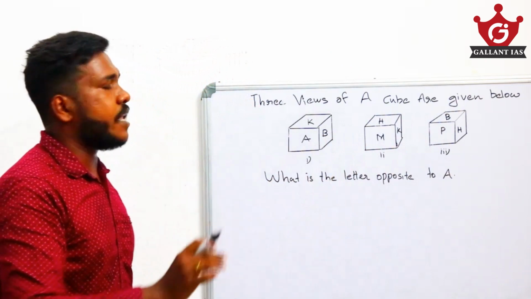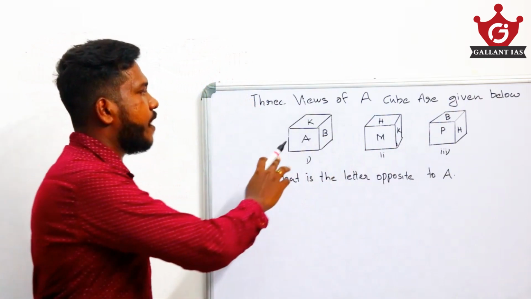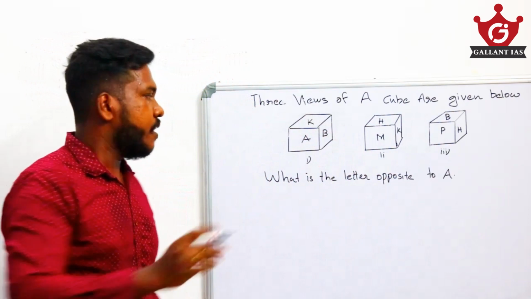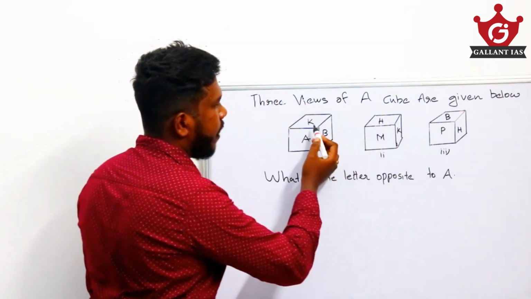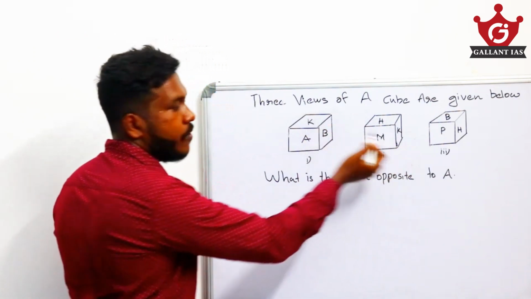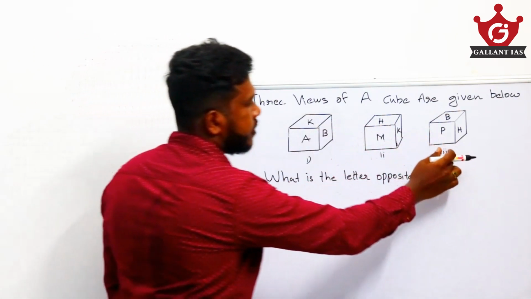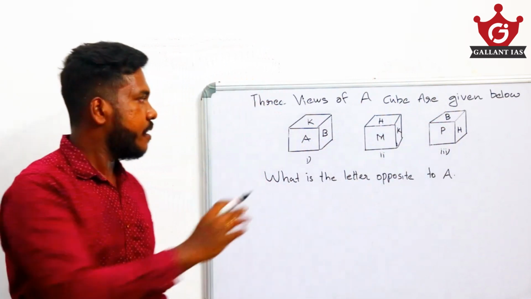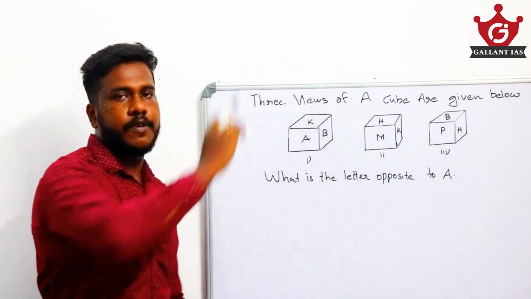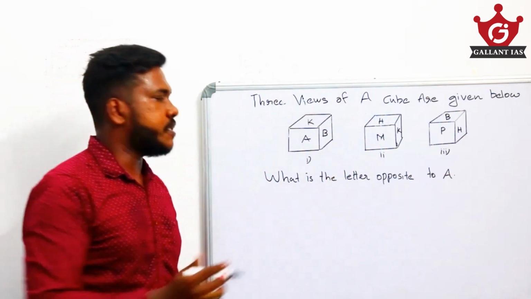You need to select in such a way that one face is common in both cubes. So here I am going to select the second.